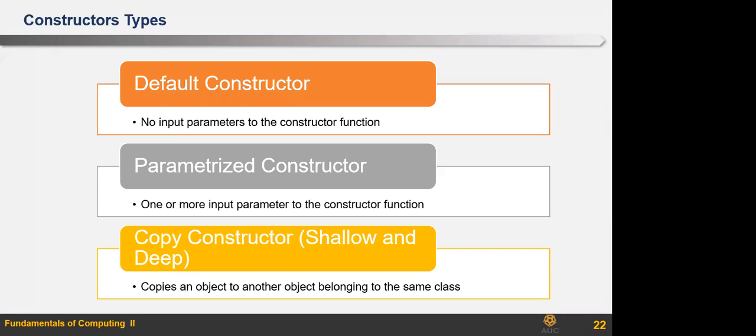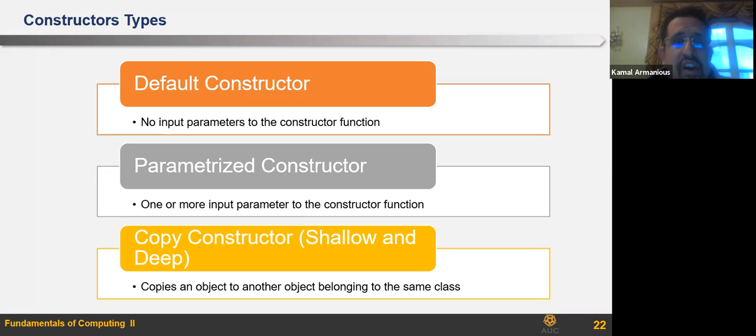There are three types of the constructor. The first one is the default constructor that receives no input parameters. The second one is the parameterized constructor. The third one is the copy constructor.